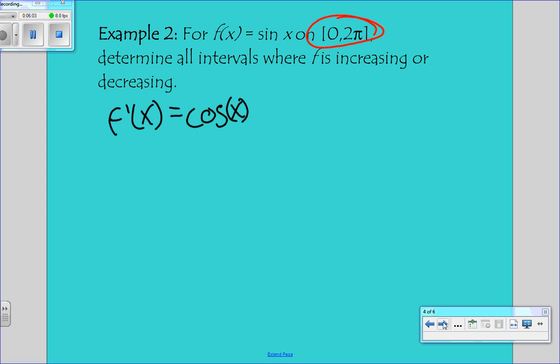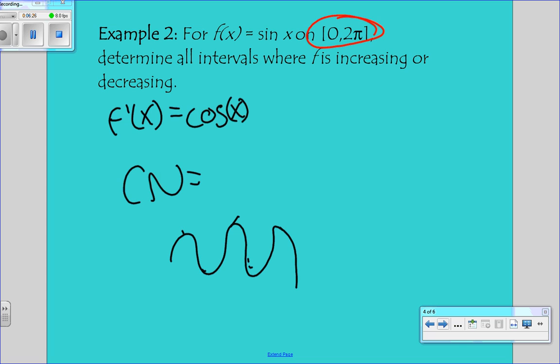For the critical numbers on this, all you have to do is look at a unit circle, and it'll give you the critical numbers, wherever it's 0 or undefined. So there are lots of critical numbers, obviously, for cosine, because it goes on and on. Just goes up and down, and all of those would be critical numbers.